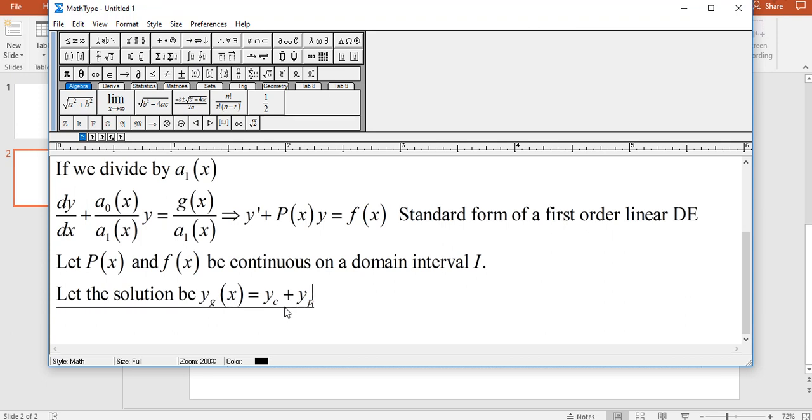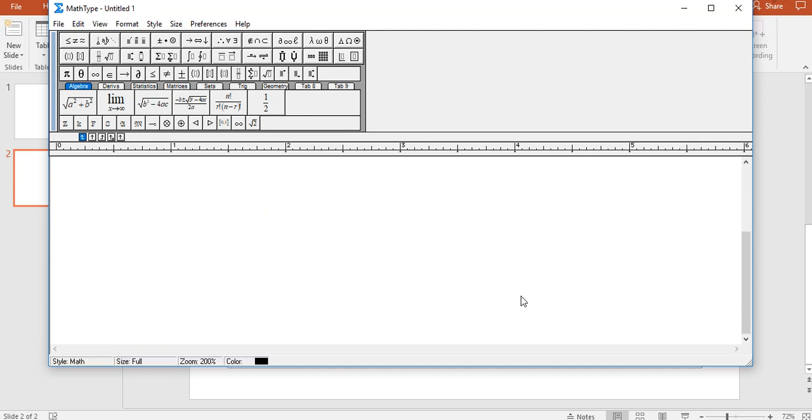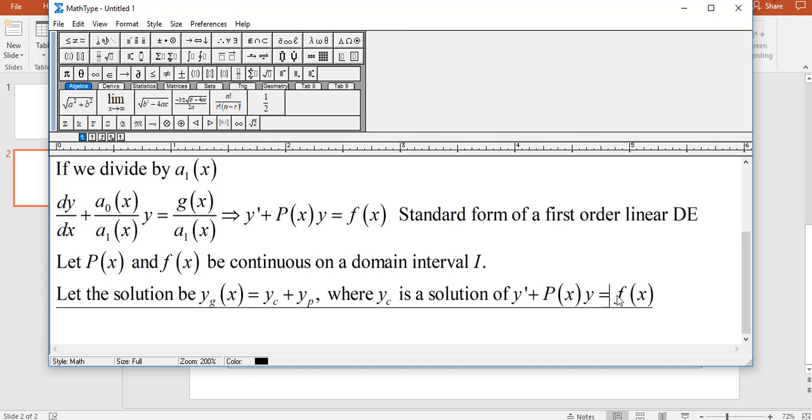And so where yC is a solution of, and then it's going to be like the same thing, but we're going to equal 0 here. So the common solution is the homogeneous solution, okay, and that would be something where the system is not being interacted upon by an outside force.